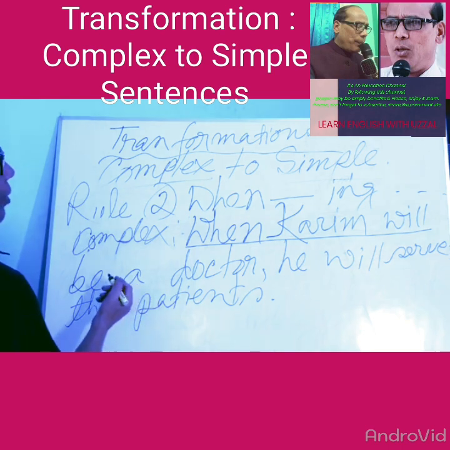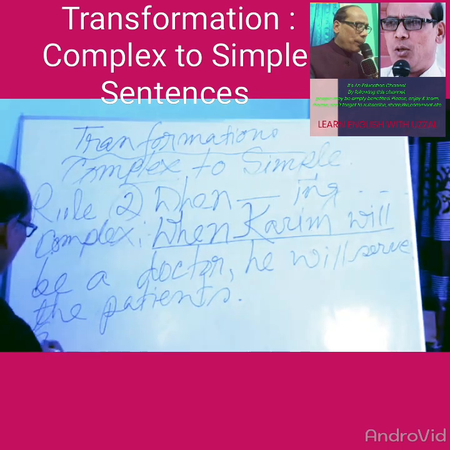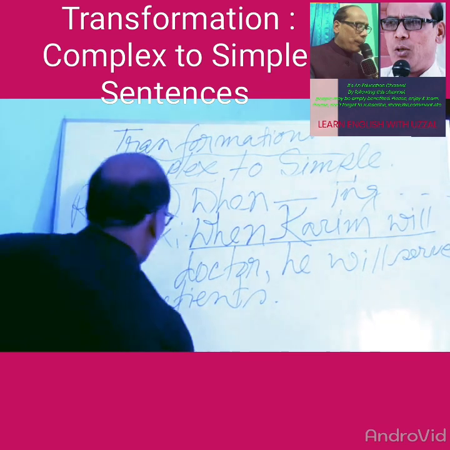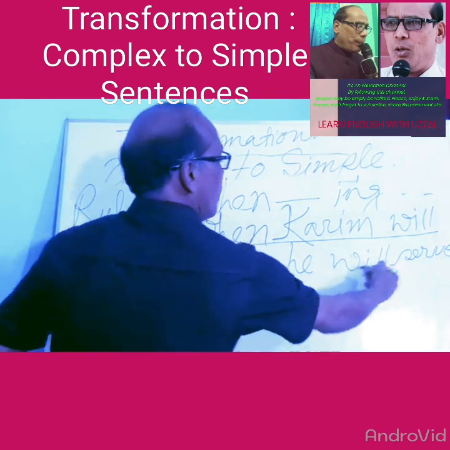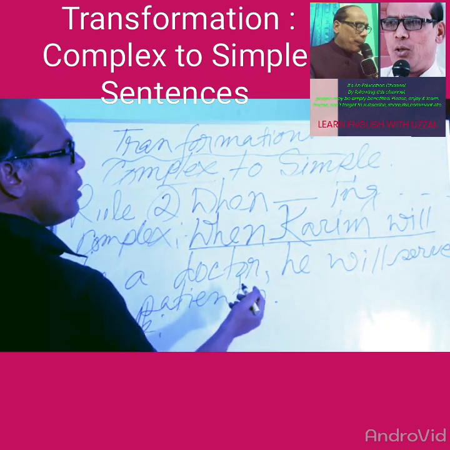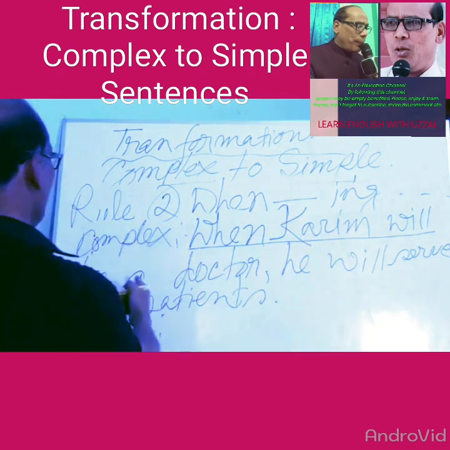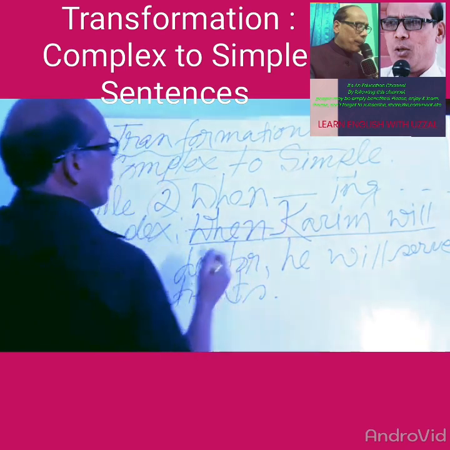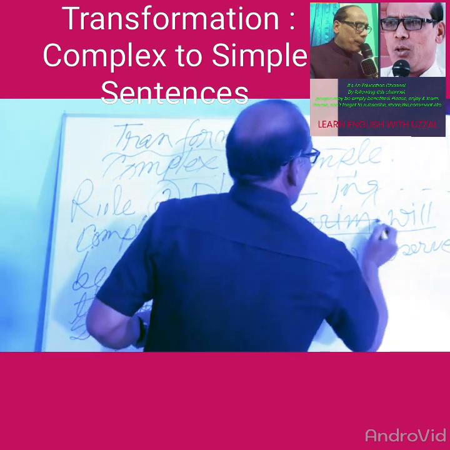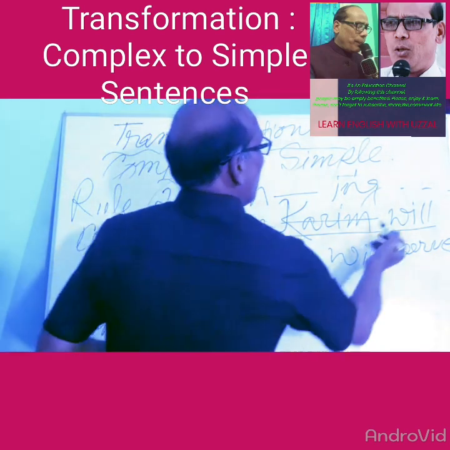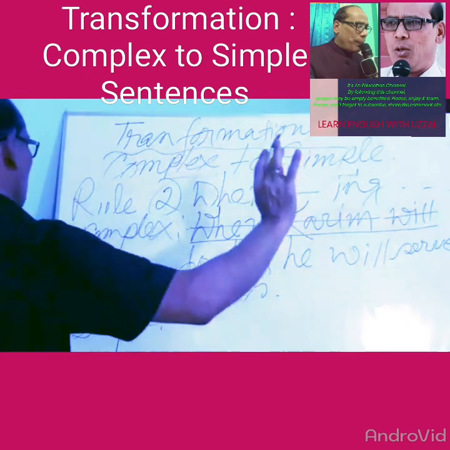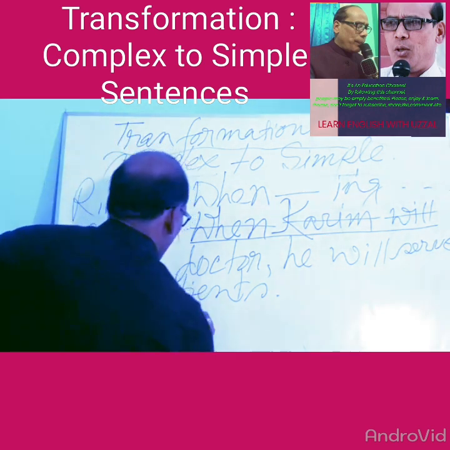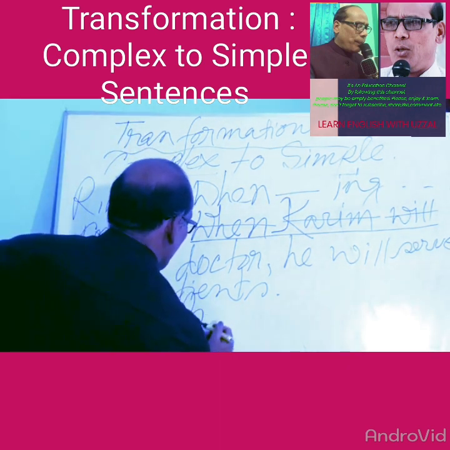Let us make it simple. Here, when Korim will be a doctor: will is a helping verb, when is the conjunction, and Korim will replace he. The helping verb will be omitted, and be is the main verb. So let me show you.